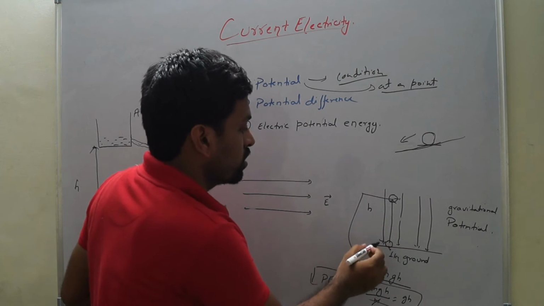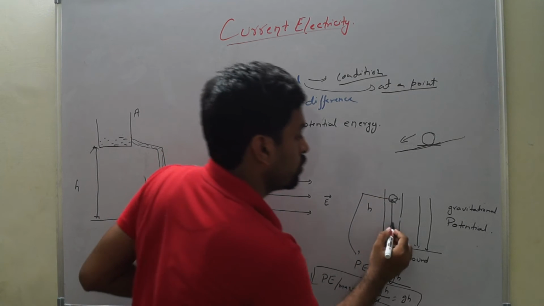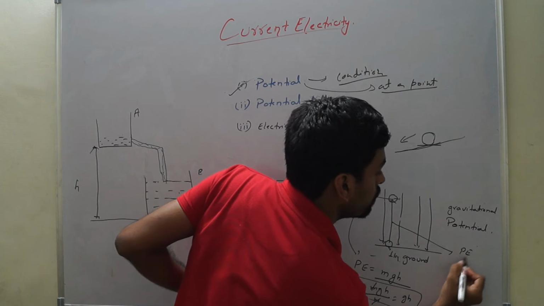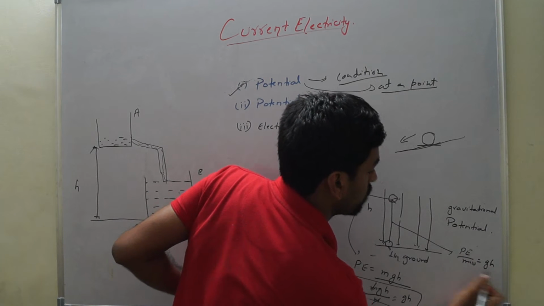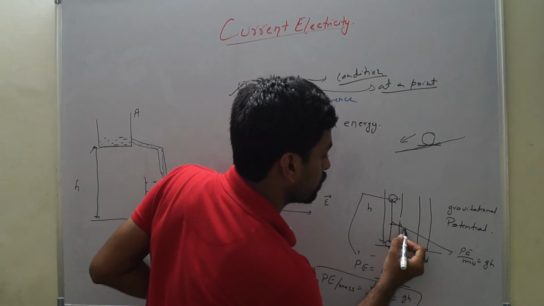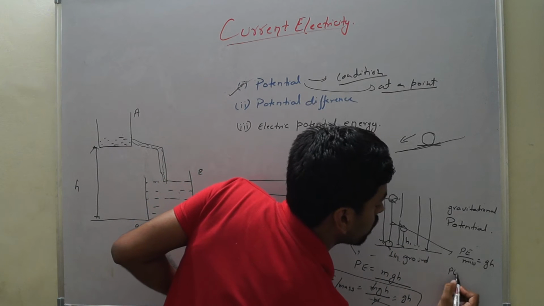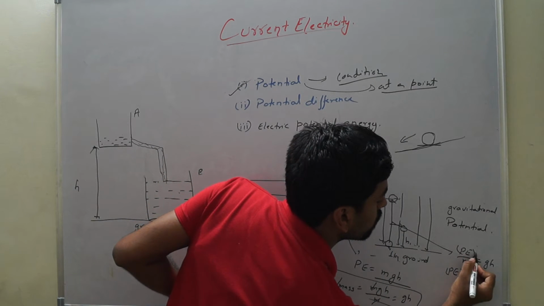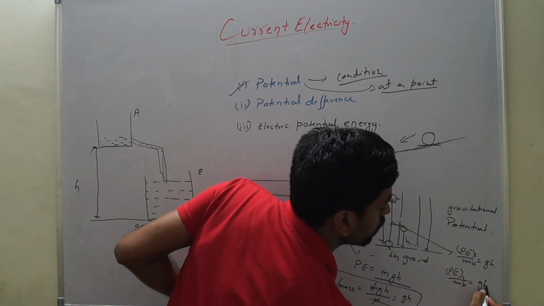So suppose in this case we have taken a ball from ground to a height h. So what is the potential energy per unit mass? PE per unit mass is nothing but g times h. Suppose we have taken the same ball from ground to a height h1. So in this case, let us say PE1, PE2 per unit mass is nothing but g into h1.